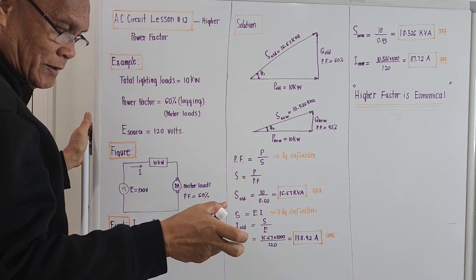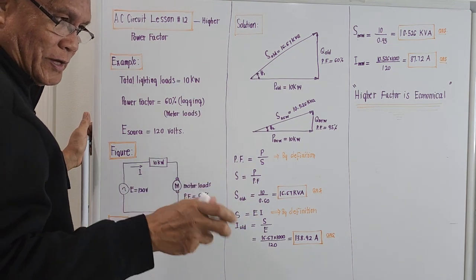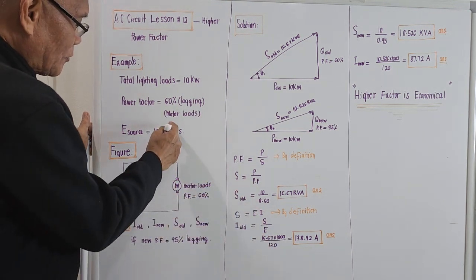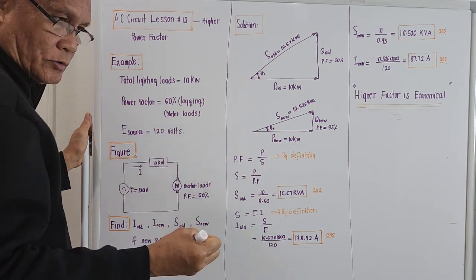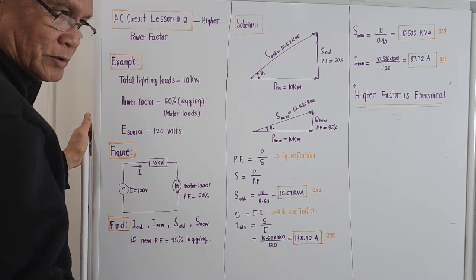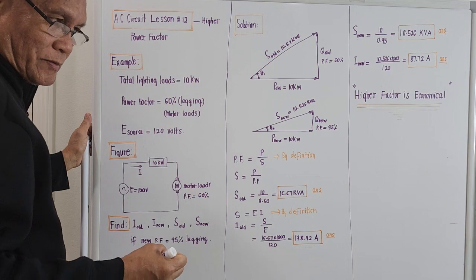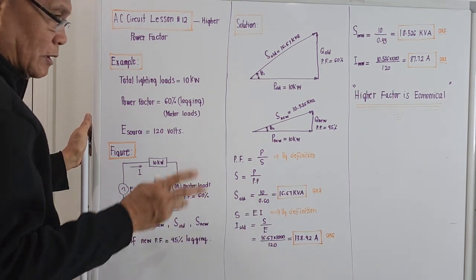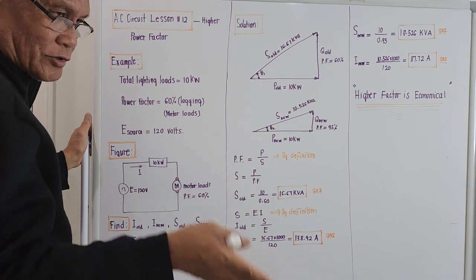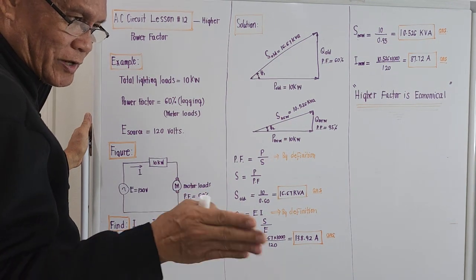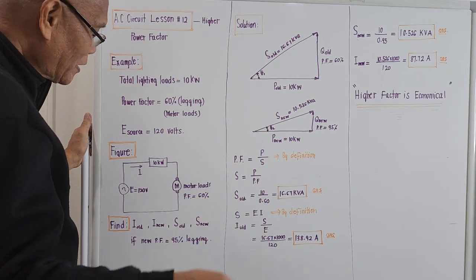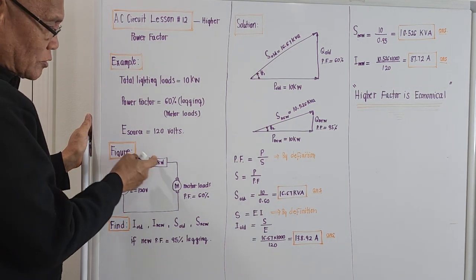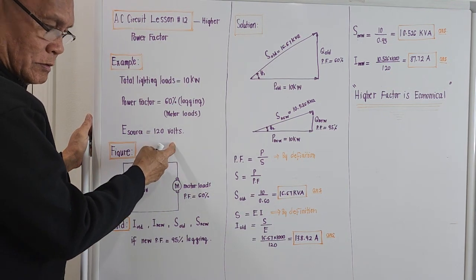So the inductive loads of the house or entity are motor loads. It could be air conditioners or some other motor load equipment. We assume that this house or entity is in the United States of America, so the voltage of the source will be 120 volts.